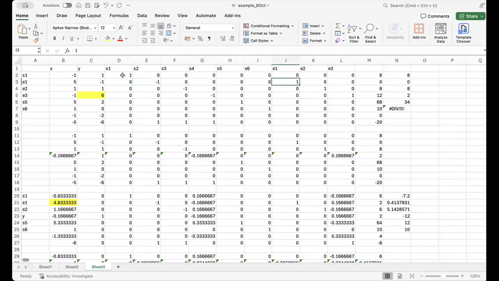Okay, we add E1 here and subtract by S2. And the next one, we add E2 and subtract by S3. Okay. Keep going on this.